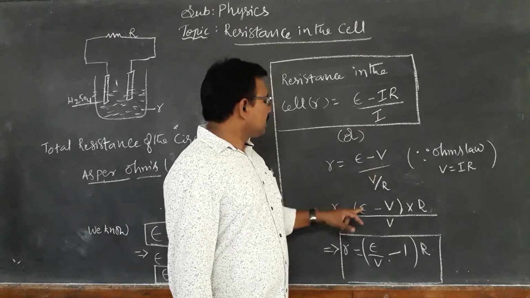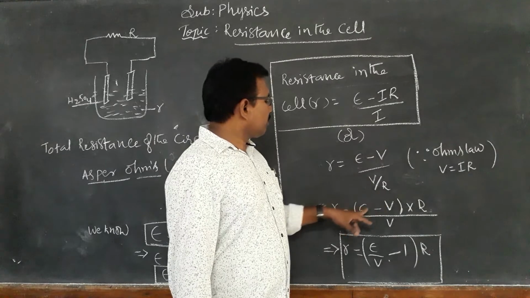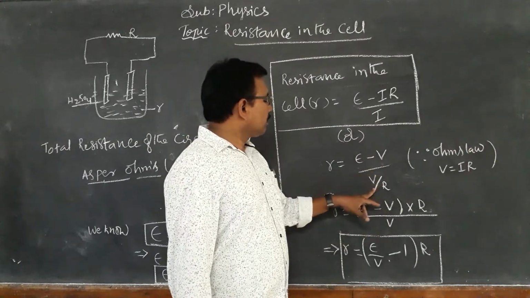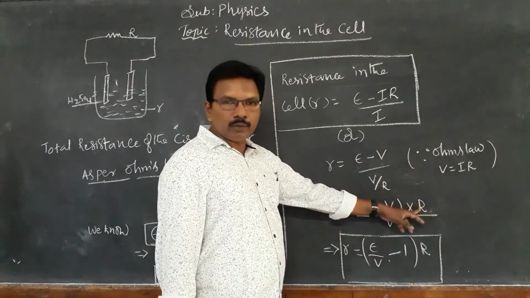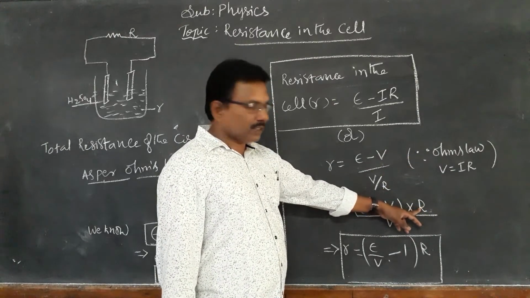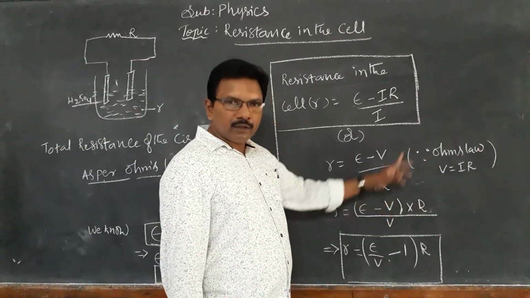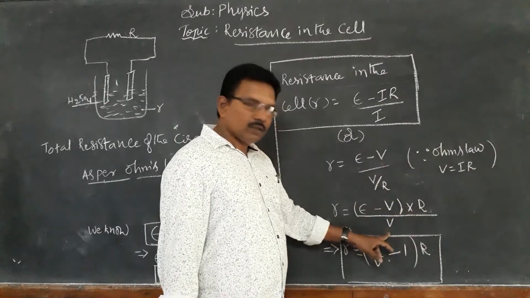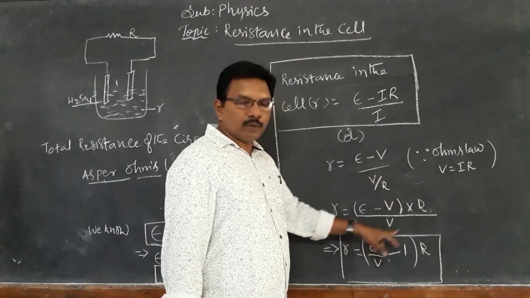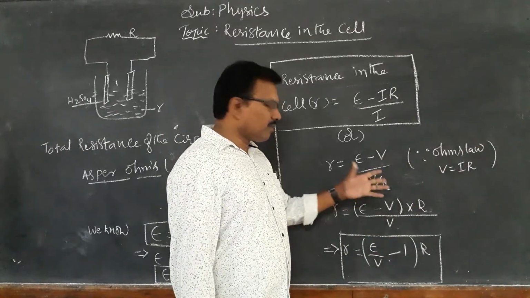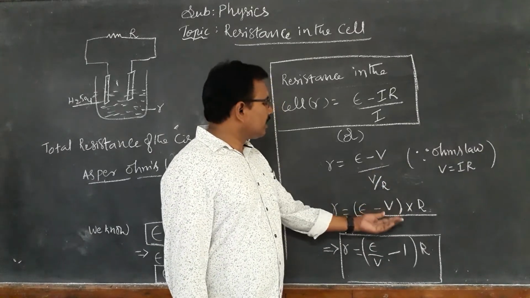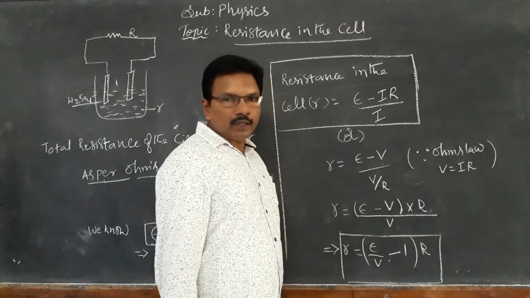Now if you simplify, E minus V into the denominator comes to the numerator as per fractions, the reciprocal fraction R by V. So R multiplies. Now E minus V into R by V.